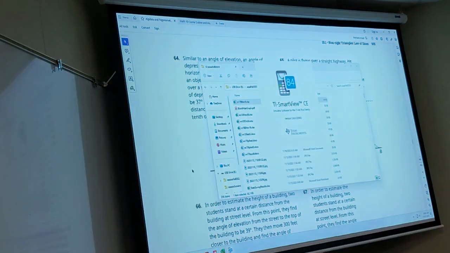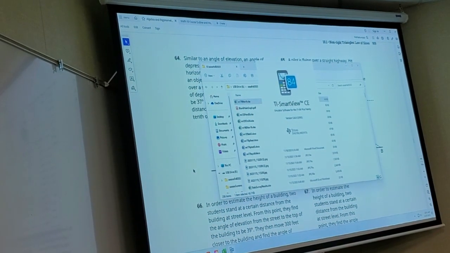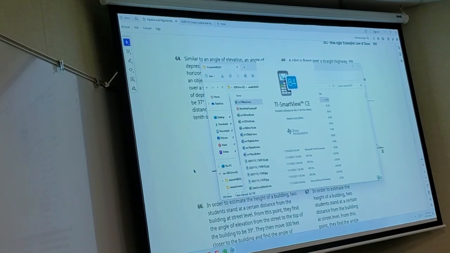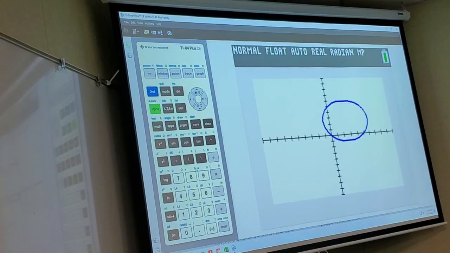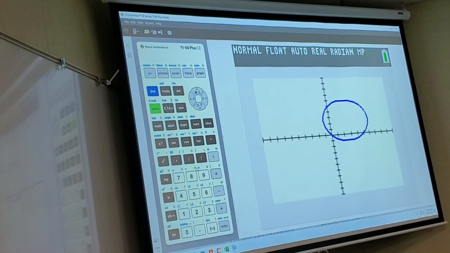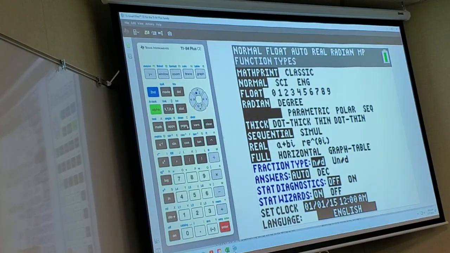Last thing I want to show you, and I often forget to do this. Do you remember I showed you a while back you could solve equations in your calculator? If you put one side of the equation on y1 and the other side on y2, you can see where they meet, right? So let's go back to function.